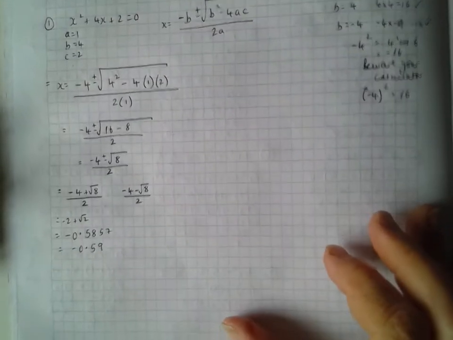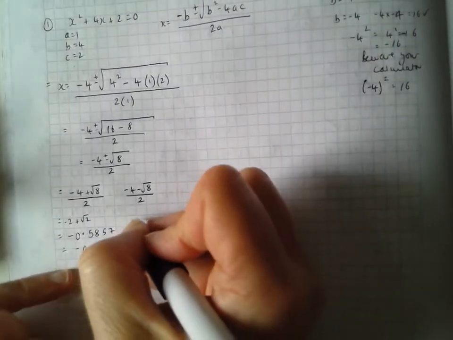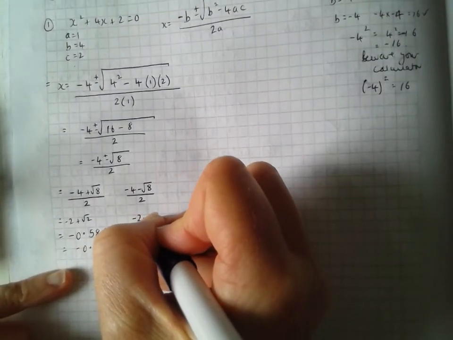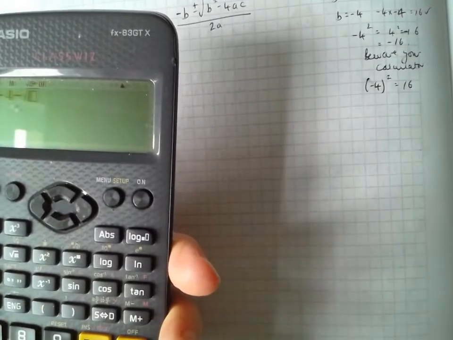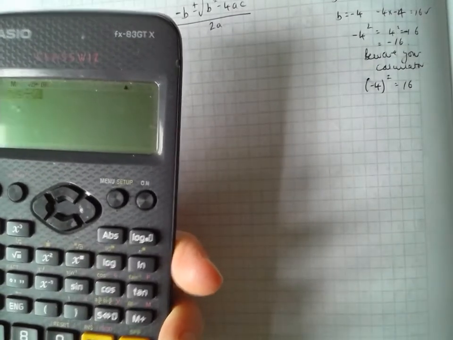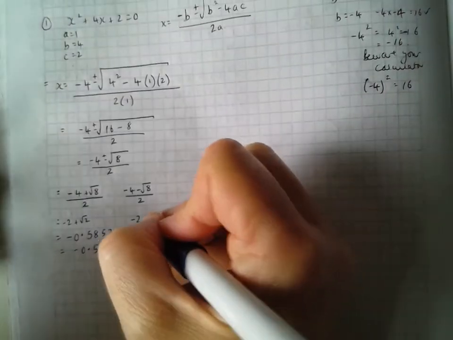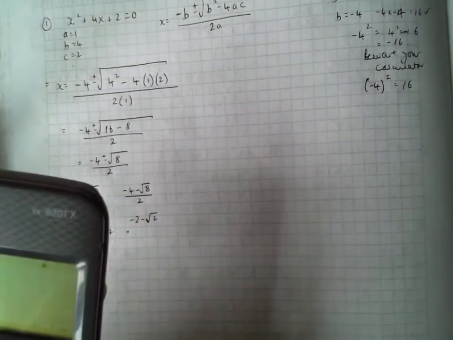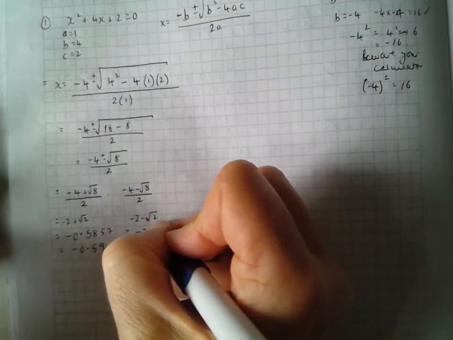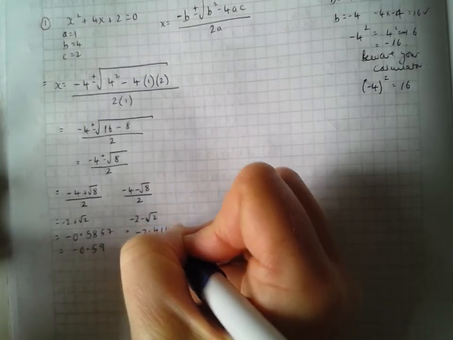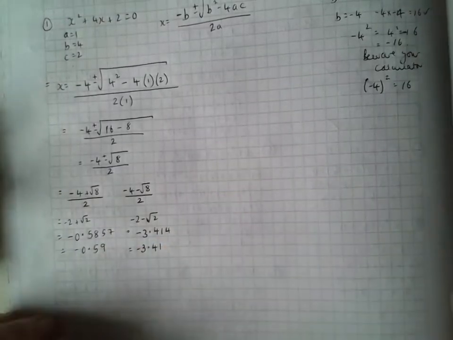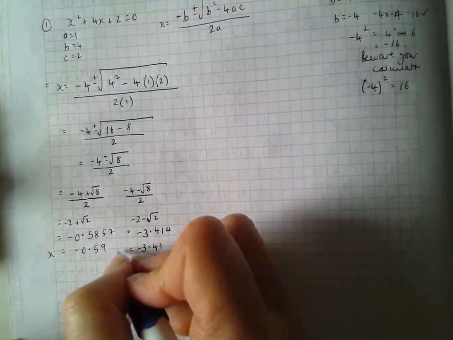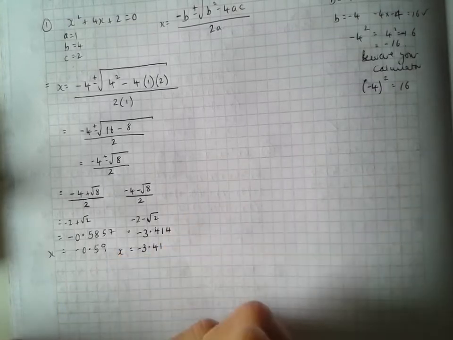Then my other answer is minus 4 minus root 8, equals, divided by 2, equals, minus 2 minus root 2, which is minus 3.414, so minus 3.41. So my two answers are x equals minus 0.59 and x equals minus 3.41.